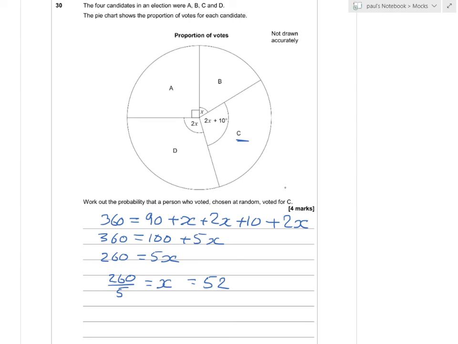So we've got 2 times 52 plus 10, which is 104, plus 10, which is 114. So that's 114 degrees.